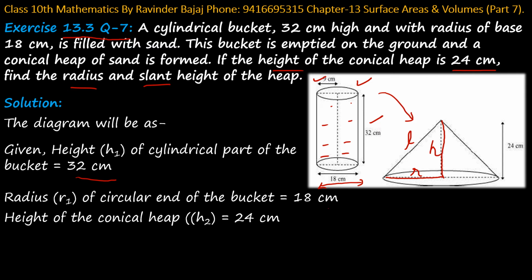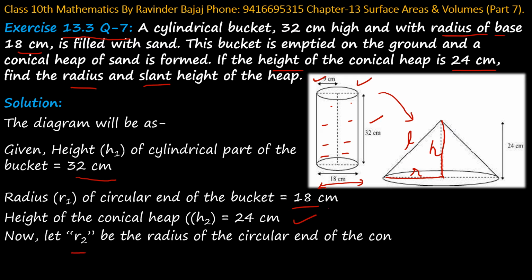Let's see the question. In the question, 18 centimeter is the radius of the base. Radius is given. It is not diameter, it is radius. Height of the conical heap is h2 equal to 24 centimeter. This is the height of the cone, the height of the heap, which is given.